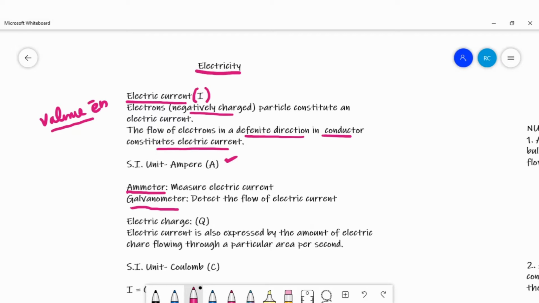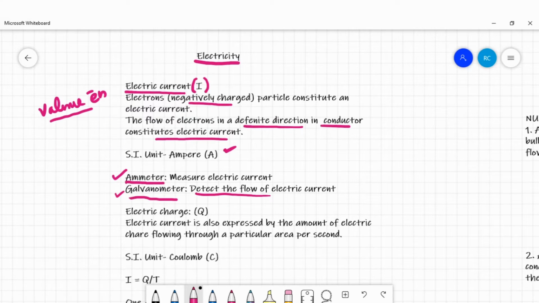So what is the difference between an ammeter and a galvanometer? An ammeter measures the amount of electric current in a circuit, but a galvanometer is just used to detect the flow of current, which means whether the electricity is passing through the circuit or not.